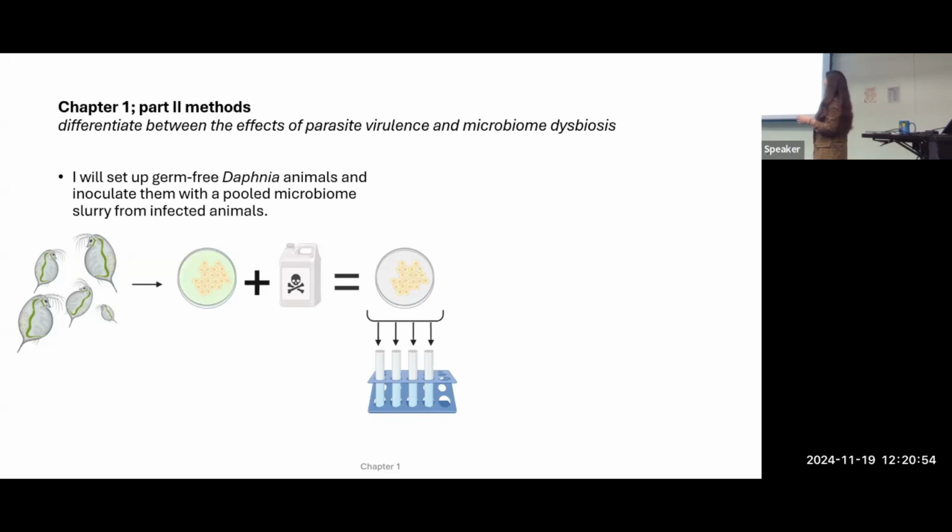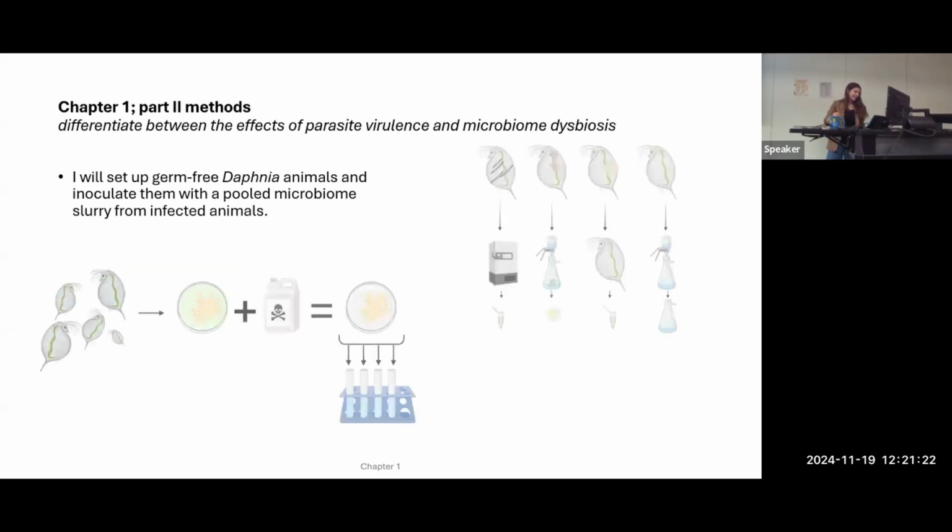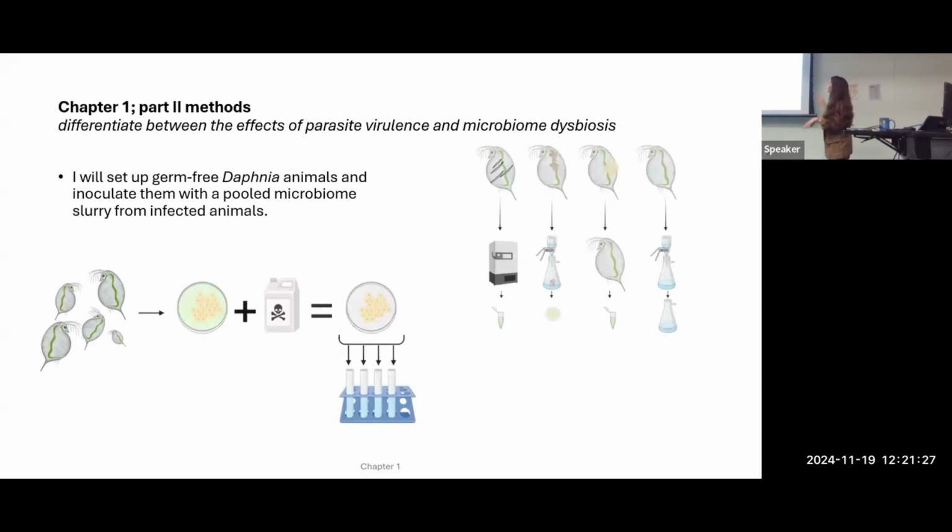I will set up germ-free Daphnia animals. So I'll collect a bunch of my adult mid-37 clone lines, and what I'll do is very gently, not so much, harvest the embryos out of their brood chambers, stick them in this petri dish while I hit them with an antimicrobial wash, clean that off using autoclaved lake water, allow them to develop for 2 days, and then I'll inoculate them with microbiomes that are representative of each of these original treatments in the absence of spores.